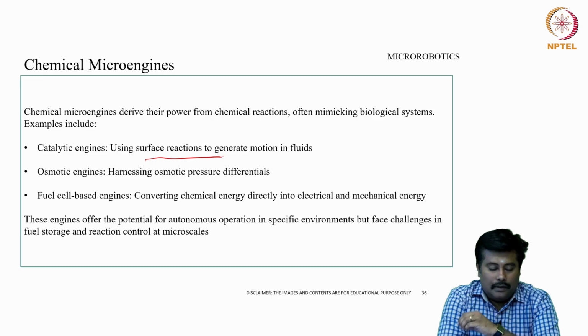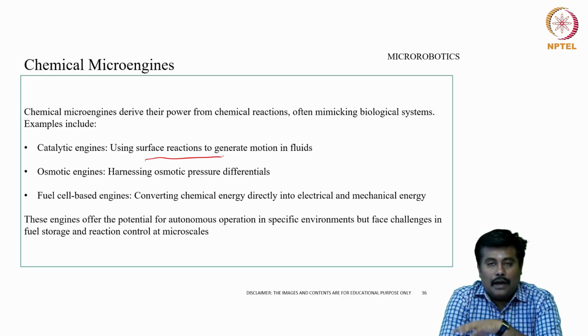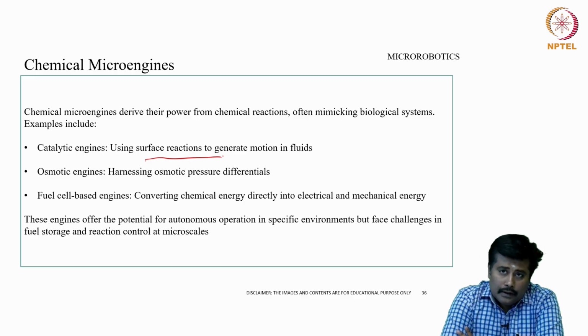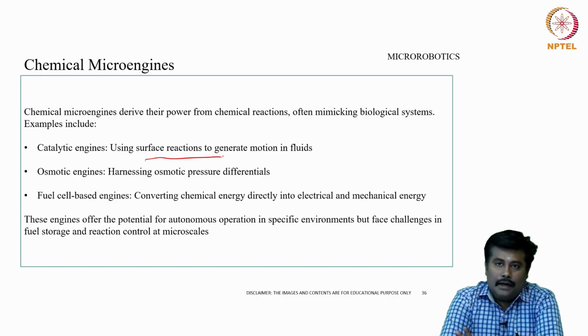These osmotic engines are used for harnessing the osmotic pressure differential within the system, and there are fuel based engines, which are mainly meant for converting chemical energy directly into electrical and mechanical energy.